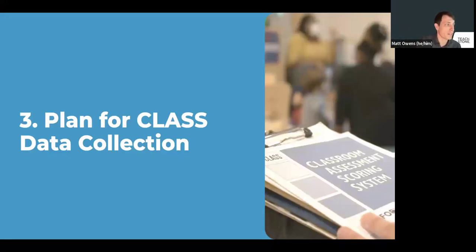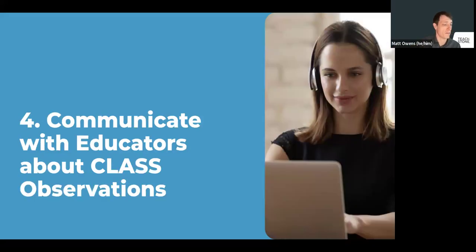So if you go to the next slide, there's a similar idea here: educators should already be primed for why this observation is happening and what the information will look like when they get it, in the context of, hopefully, what we recommend is a collaborative feedback conversation where they can share their experiences, their input, and their interests in terms of growth.